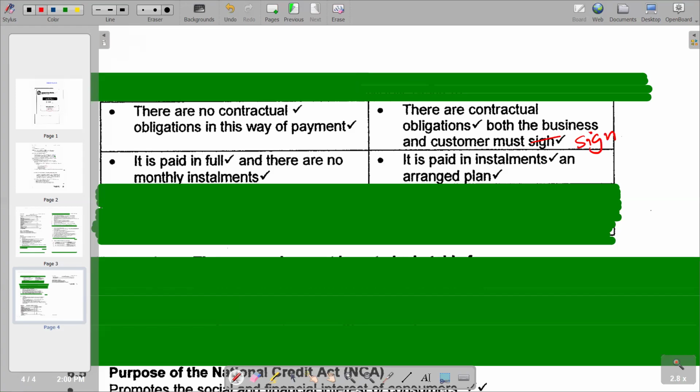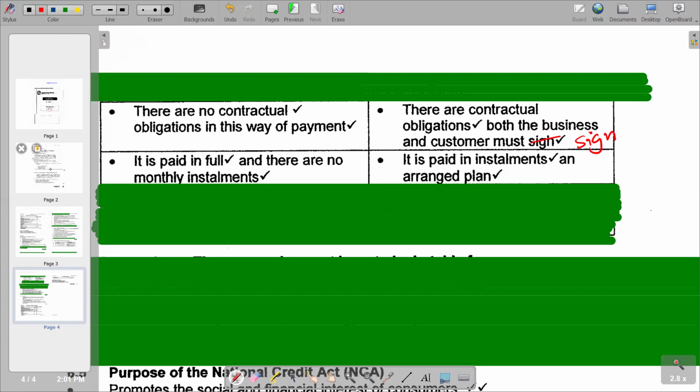Remember, they must sign because it's an agreement that we are going to pay later. So for the supplier to have your word, you have to sign. Then the last point is that cash is paid in full, and there are no monthly installments. The credit payment is paid in installments on an arranged plan. So there should be an arrangement in terms of how we are going to pay in installments. So basically, that's the last difference that we have.